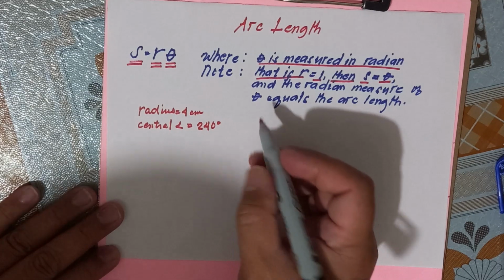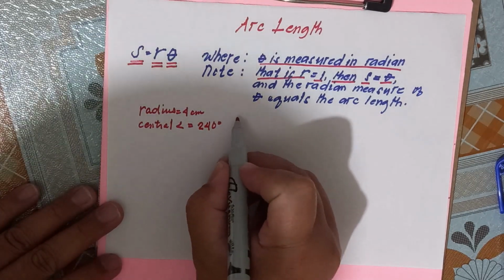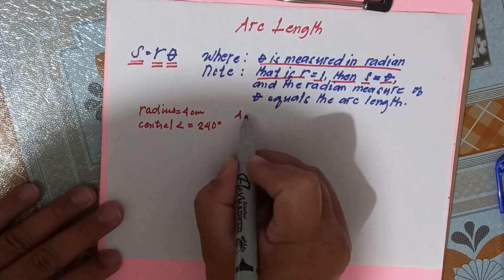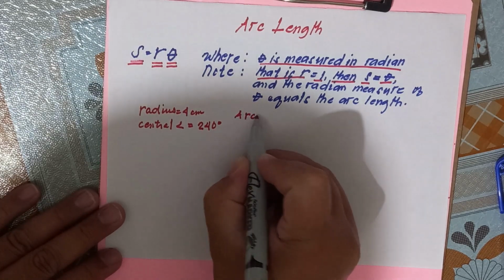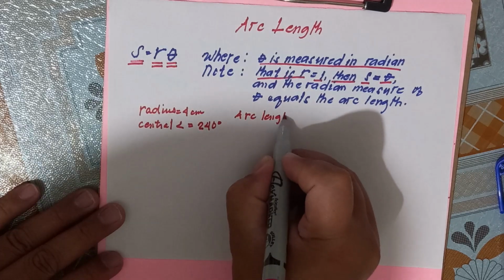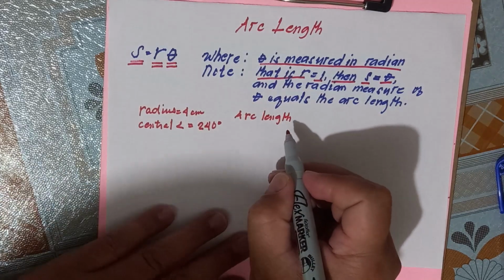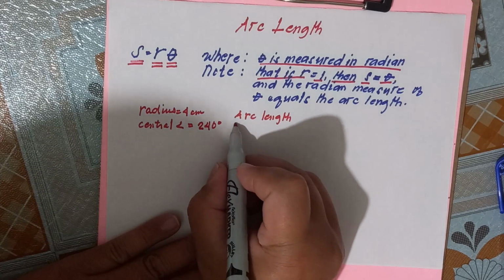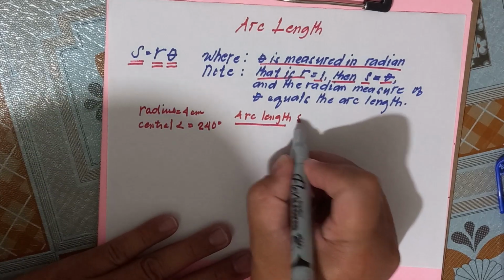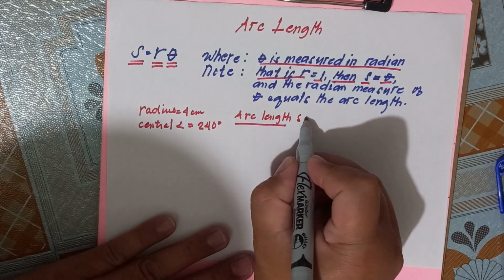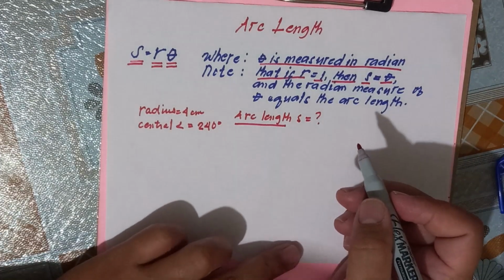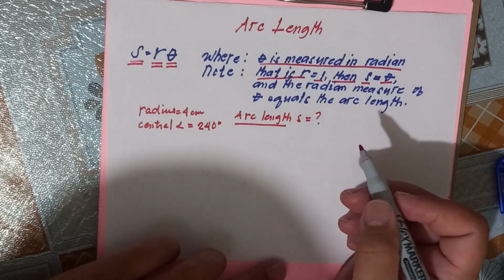Now our problem is to look for the value of the arc length. How long is the arc length? That is actually the S. So how long is the arc length, or S?